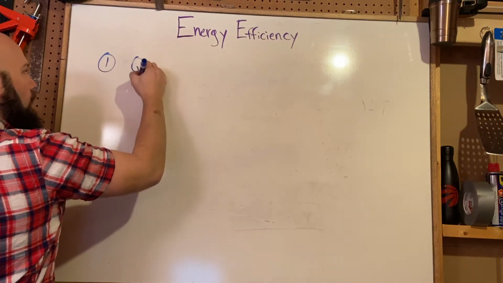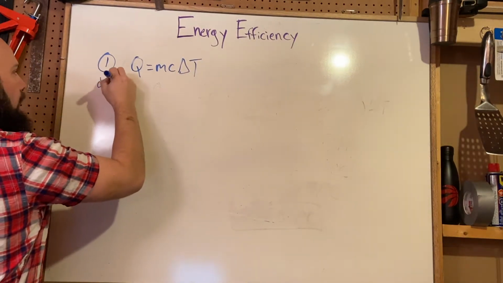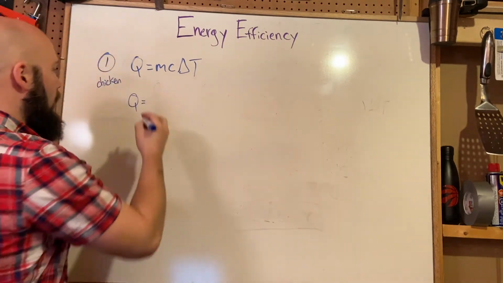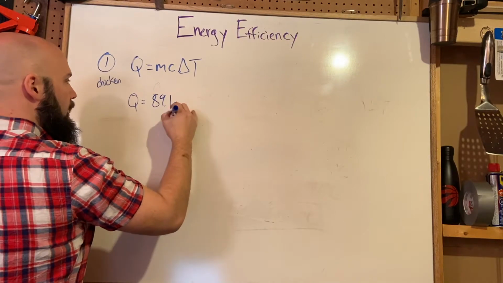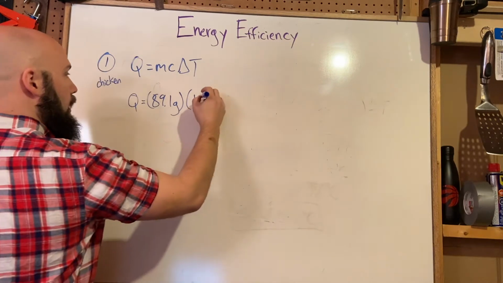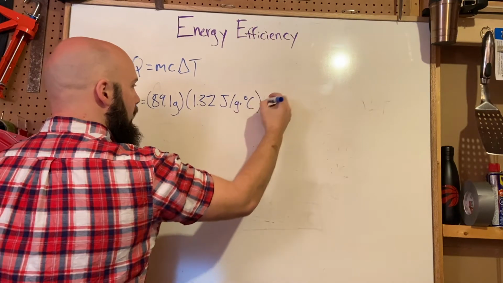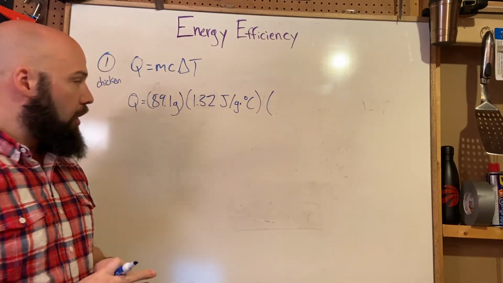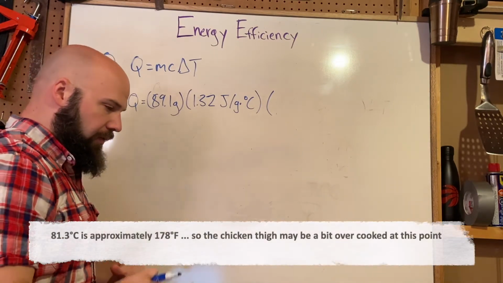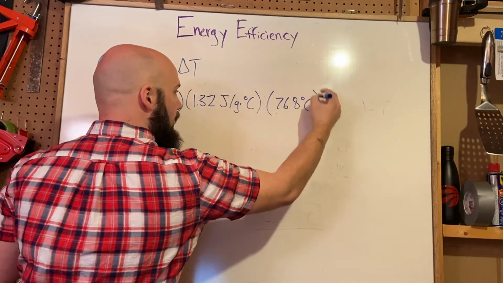So in the heat transfer, we're going to look at the chicken. And given in the question, the chicken thigh is 89.1 grams. The specific heat capacity was 1.32 joules per gram degrees Celsius, and our temperature change was from 4.5 to 81.3, giving a final delta T of 76.8 degrees Celsius.